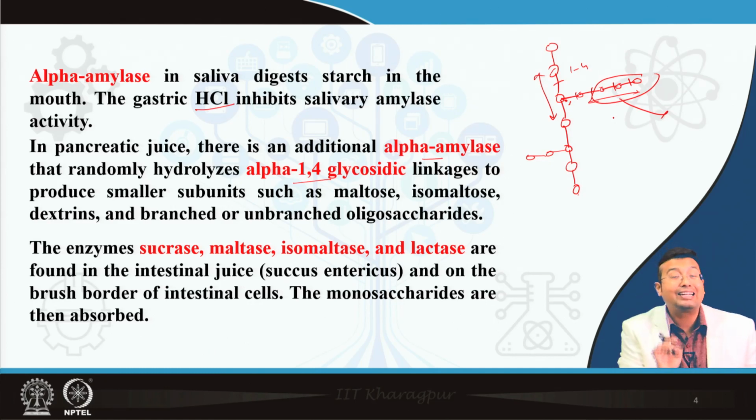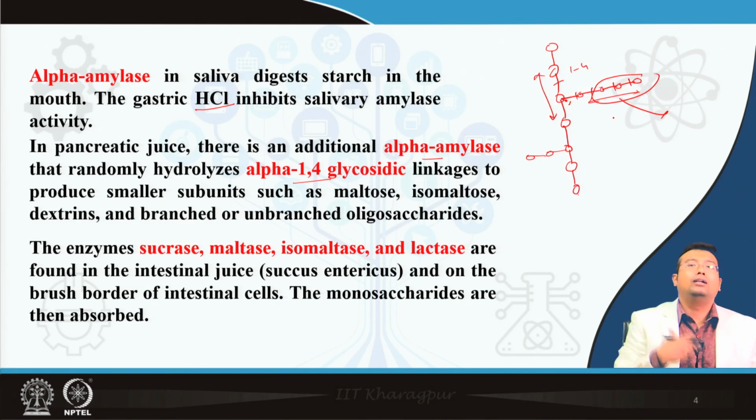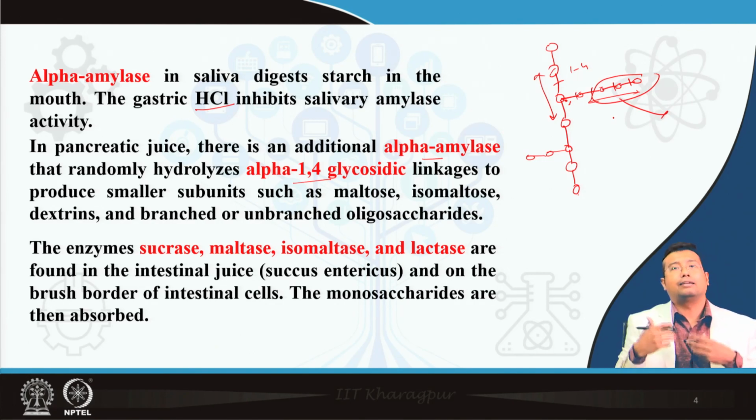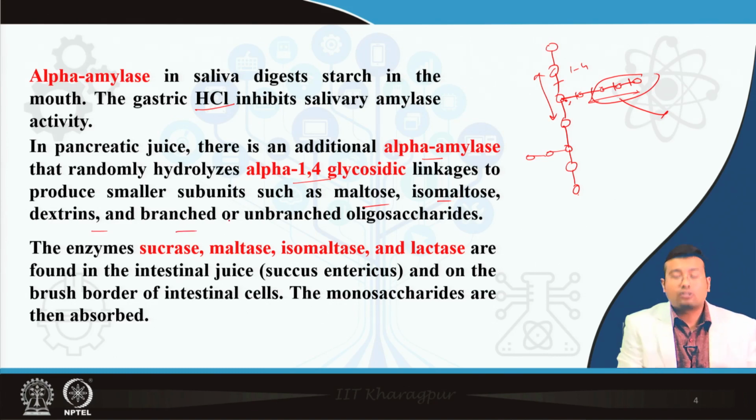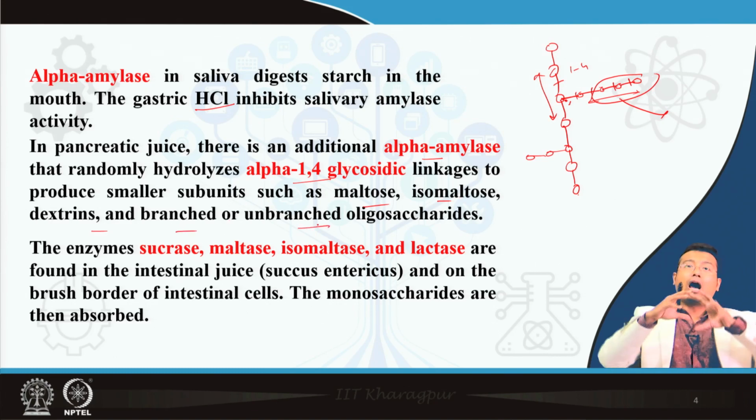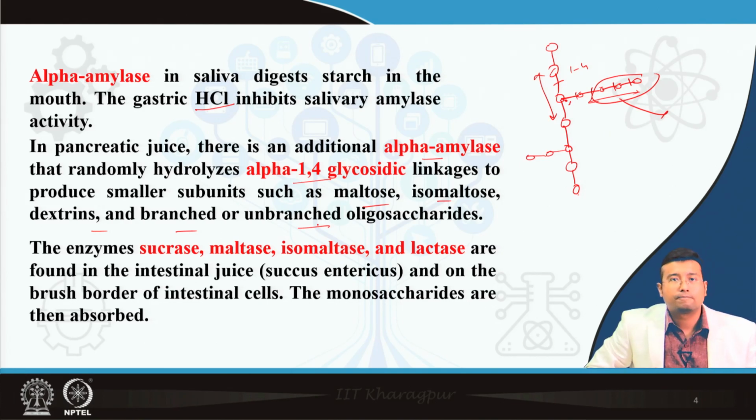Everything will be very clear, but for now, to understand the fundamental concept of digestion, you should know that alpha amylase digests or breaks down alpha 1,4 glycosidic linkages, which will lead to production of compounds like maltose, isomaltose, dextrin. It may be branched or unbranched oligosaccharides depending on how complex our food was.